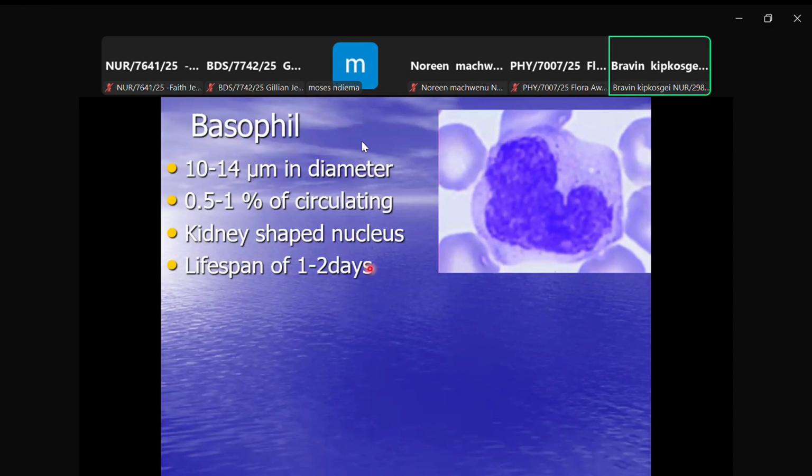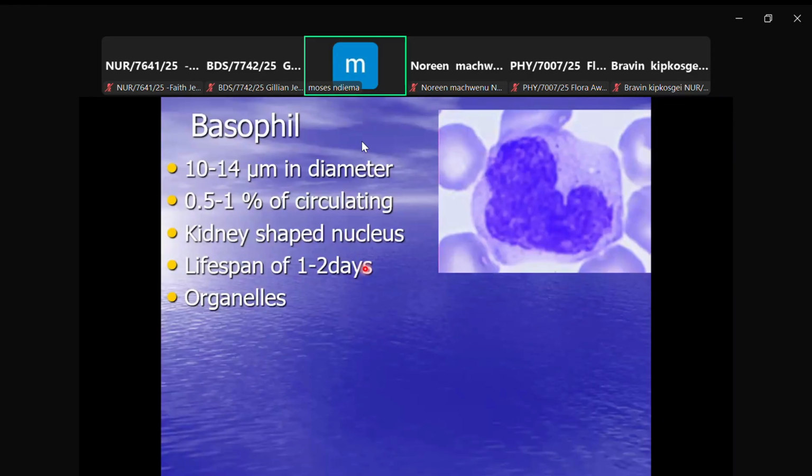They also have heparin, and heparin plays a very important role in coagulation of blood, and cytokines. The interleukin, for example, as a cytokine, is also within the specific granules of the eosinophil.